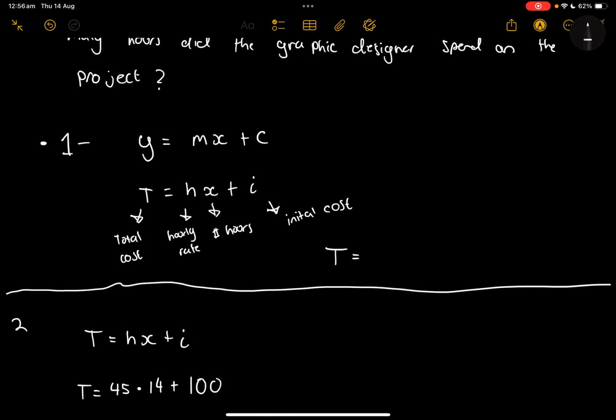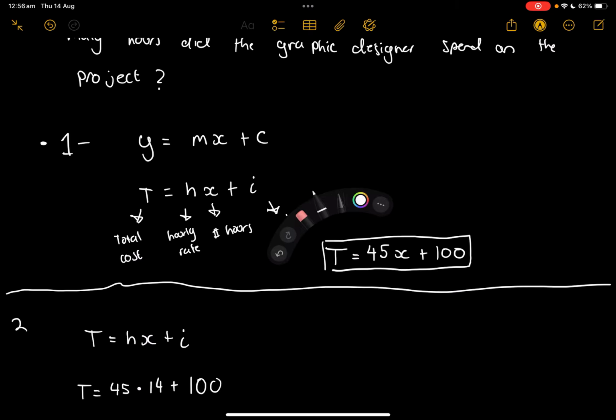So your hourly rate, you would put in 45 X plus your initial startup cost of 100. And this would be the answer for your question.